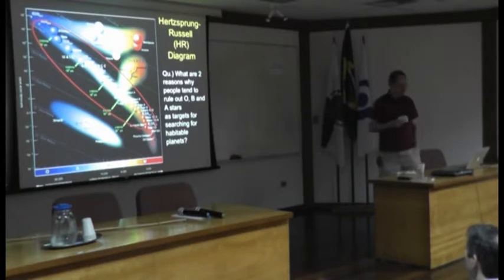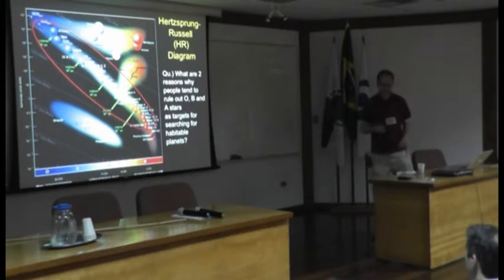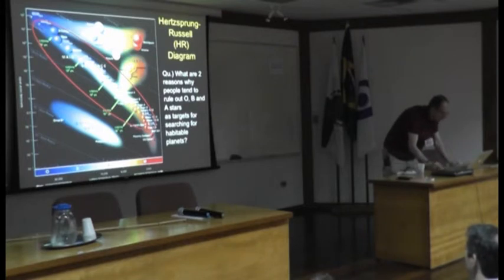And there are a couple of reasons for that, which would be what? Bearing in mind some guidelines here. One reason, of course, is lifetime, which is these stars are very young, and so, well, we don't know how long it takes for life to originate and develop, but these seem like a bad idea because they live for such a short amount of time.